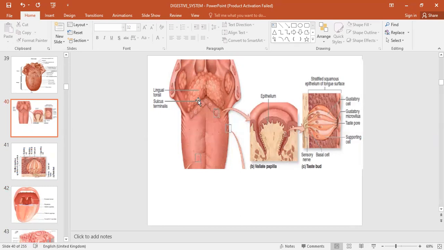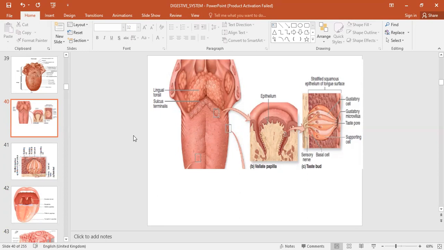Behind the vallate papillae is the root of the tongue. They form this V-shaped structure. All these are vallate papillae. About 12 or so, they form that V-shaped structure, the largest papilla on the tongue. Then the last are these by the sides, which we call foliate papillae. So vallate, they are there, about 12 or so. Foliate, they are beside the tongue.